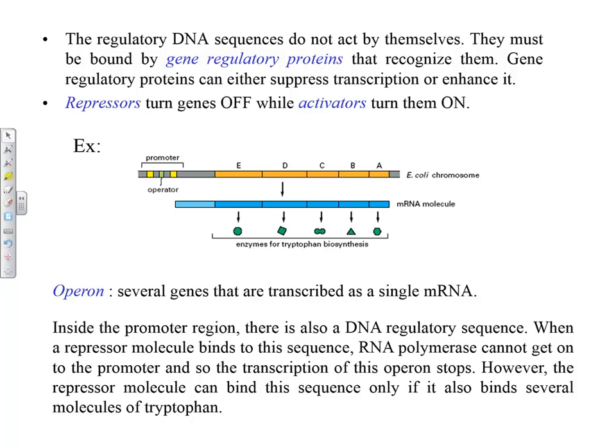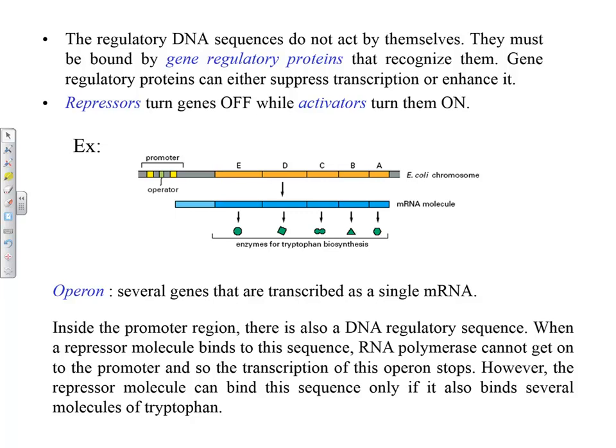However, the repressor can bind this regulatory sequence only after it has bound several molecules of tryptophan. So if you have a lot of tryptophan in the cell, some of those molecules will bind to that repressor, the repressor will get in here, it won't let RNA polymerase do any transcription, and tryptophan synthesis will stop.